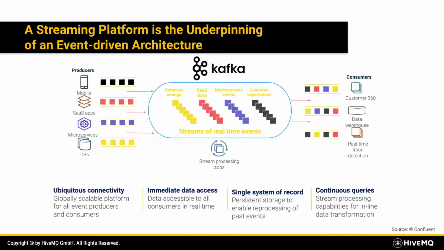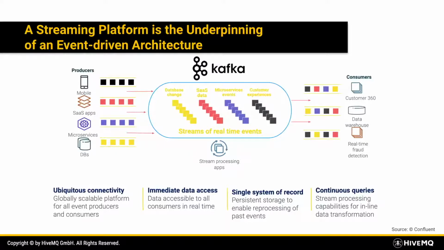Now, looking at Kafka, which is also growing and growing in popularity when it comes to stream processing protocols, it provides your organization a globally scaling platform to process events from producers and consumers. It gives you the ability to instantaneously access all your data in real time.